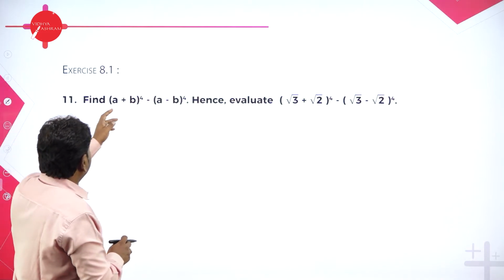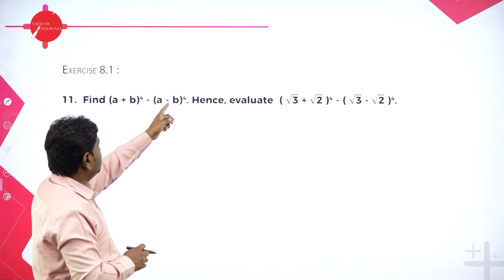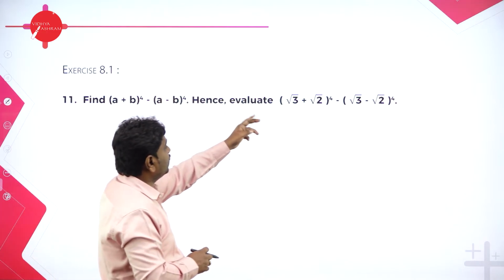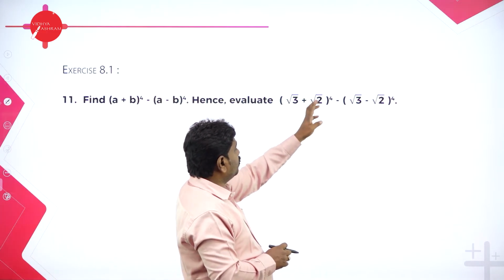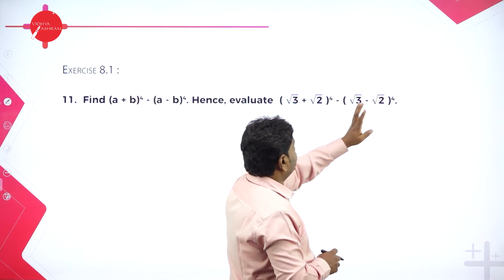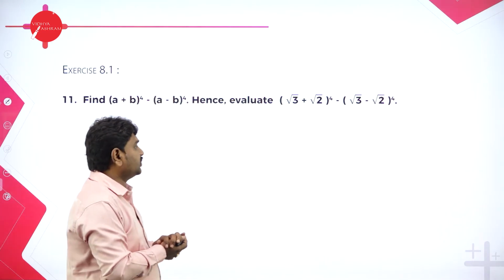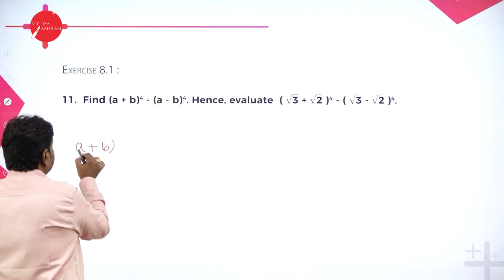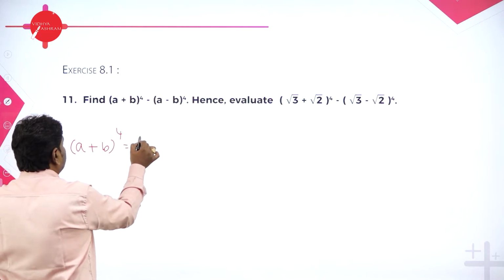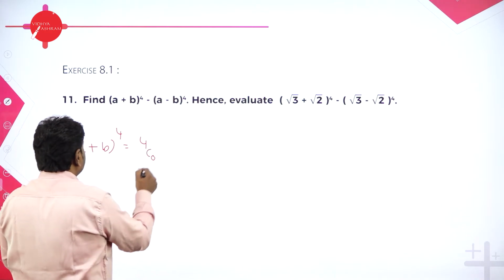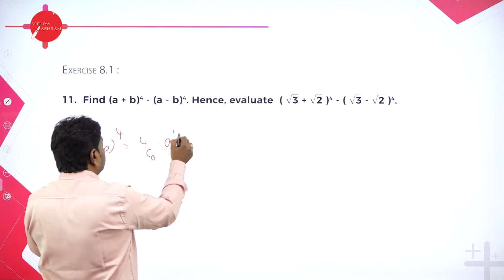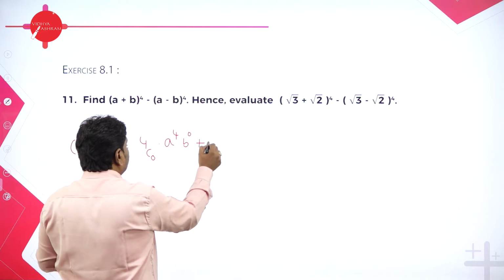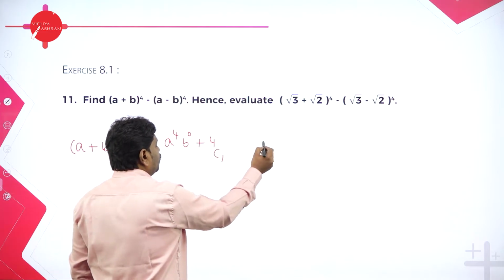Next, find (a + b) power 4 minus (a − b) power 4 and hence evaluate (√3 + √2) power 4 minus (√3 − √2) power 4. Very interesting and simple. First I will take (a + b) power 4. I will expand. So 4C0, a power 4 and b power 0, then 4C1, you know the expansion.